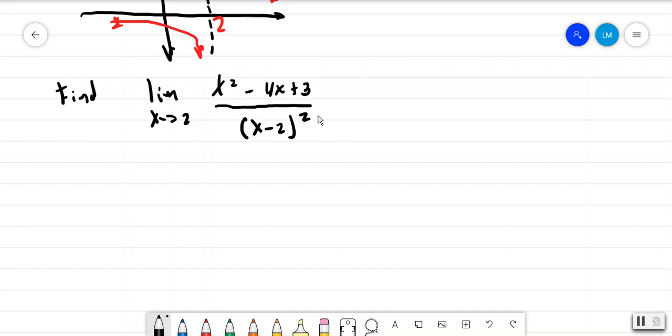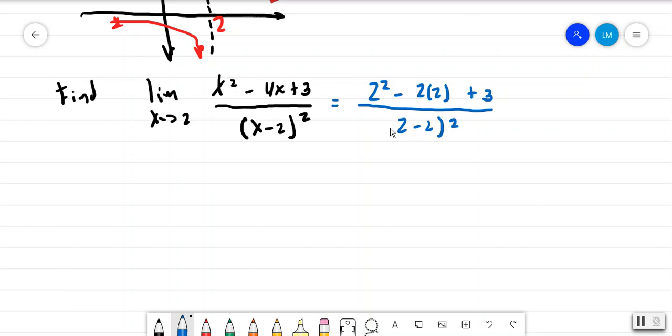Now, for this one, one way that we can look at it is that if we just plug in 2, you're going to get 2 squared minus 4 times 2 plus 3, all divided by 2 minus 2 squared.